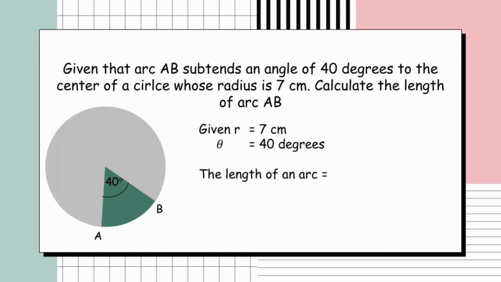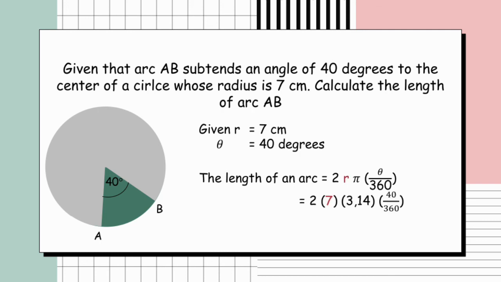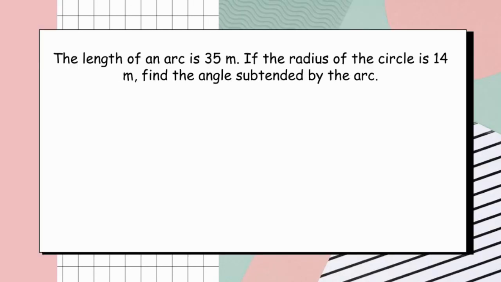The length of an arc equals 2 times R times pi times angle divided by 360, equals 2 times 7 times 3.14 times 40 divided by 360, equals 4.884 centimeters.